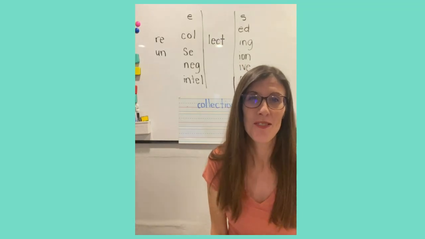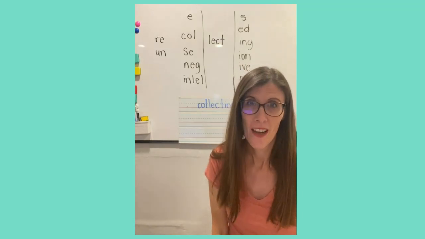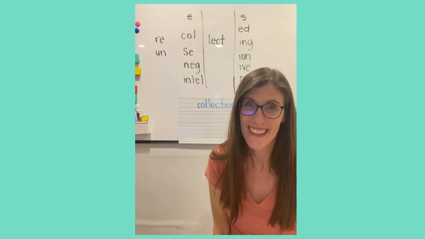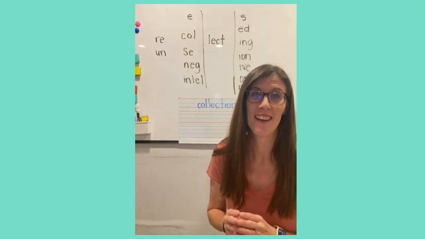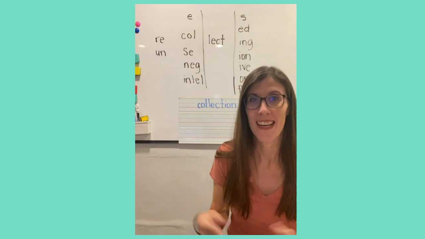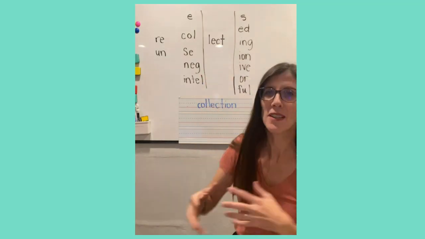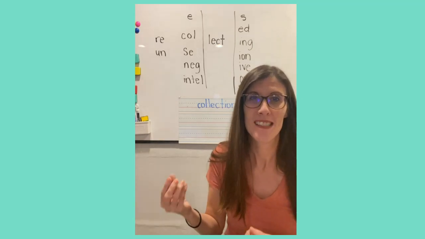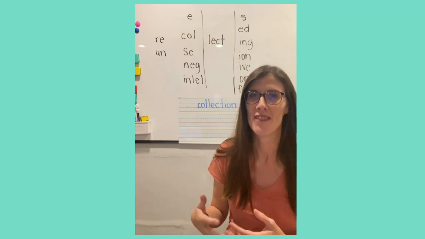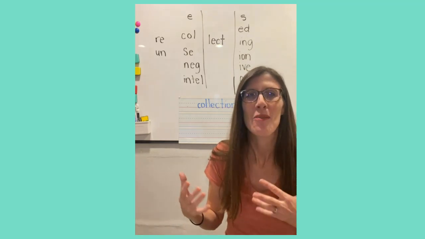Okay, so for students who are a little bit older, like third and above, or even second grade could probably handle this because they're words that they've seen, you can take a look at words that have the same base element as elect. So the word elect has two morphemes. It has the morpheme E, which is an assimilated prefix of the morpheme EX, which means out.